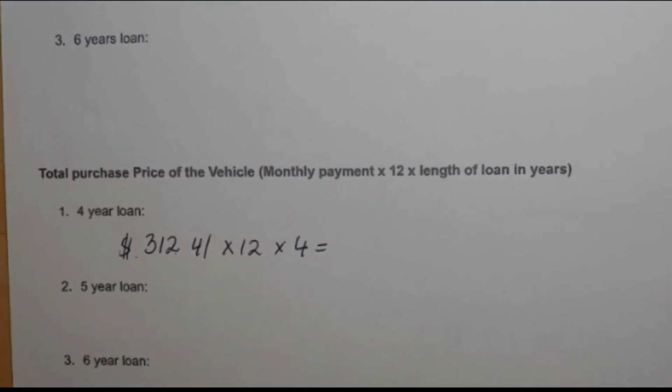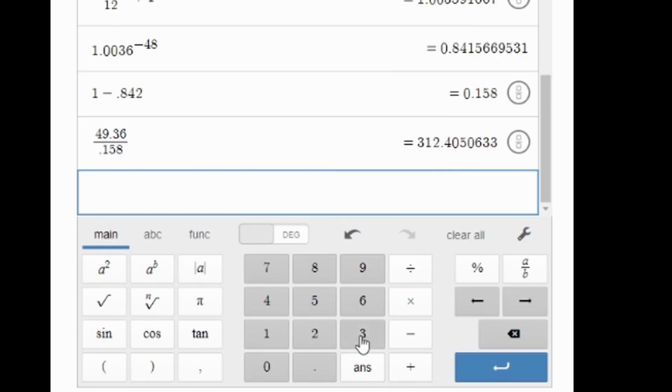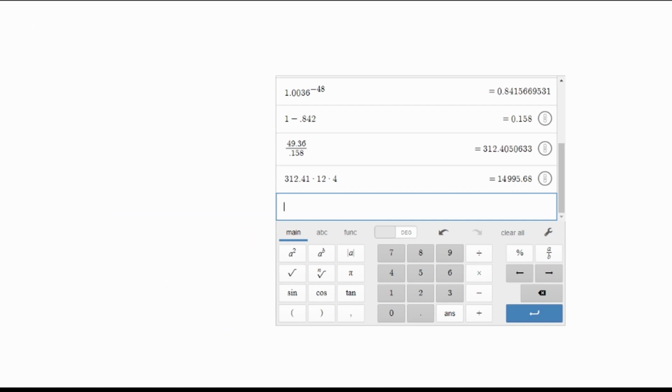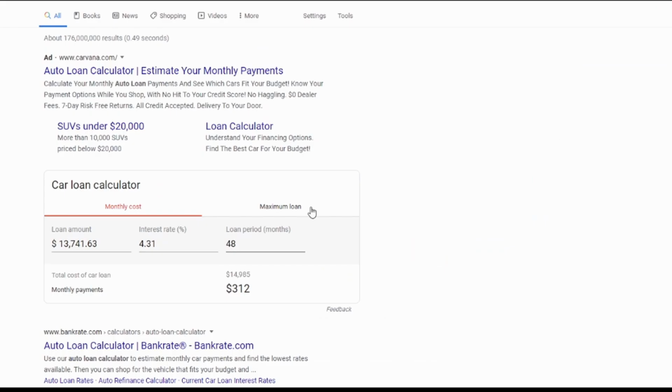I'm going to go to my calculator. $312.41 multiplied by 12 months, multiplied by 4 years, and it turns out that I'm going to pay $14,995.68.